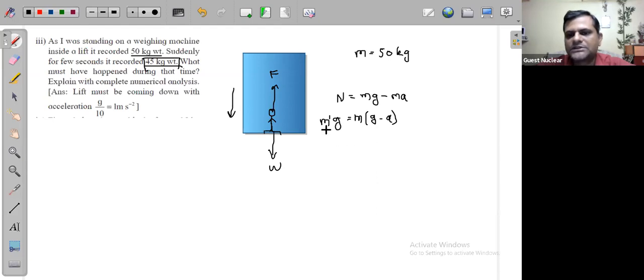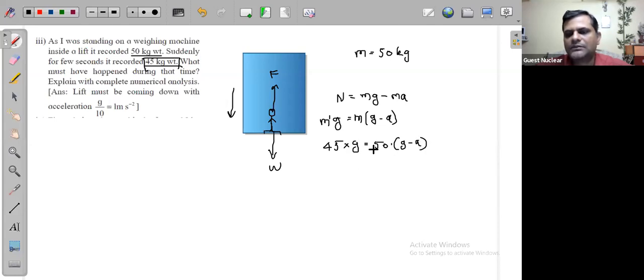So here we put the values, m dash is 45, where g can be replaced by 10, or just keep it as g only. And m is again 50, which is the normal mass of the body. So here it is 50 multiplied with g minus a. So this is g minus a kept as it is.